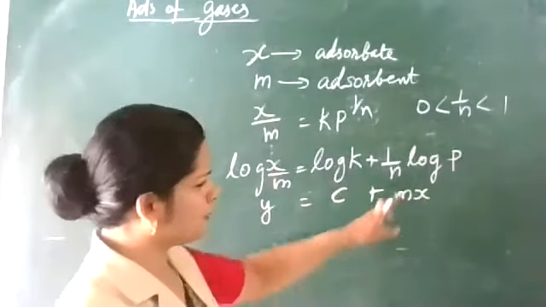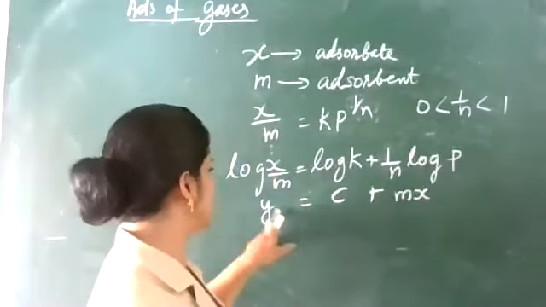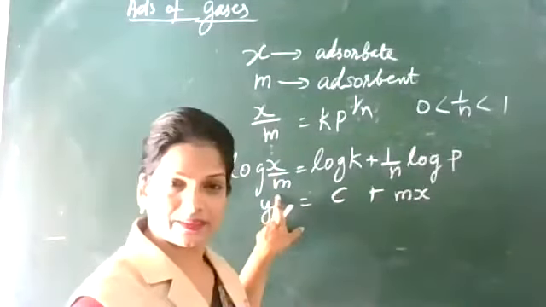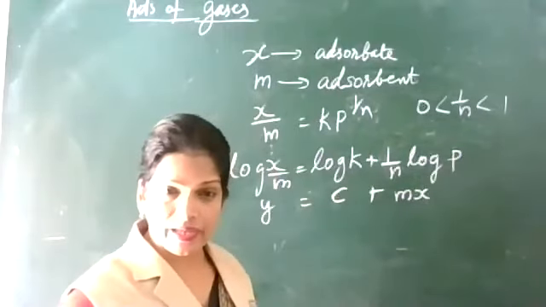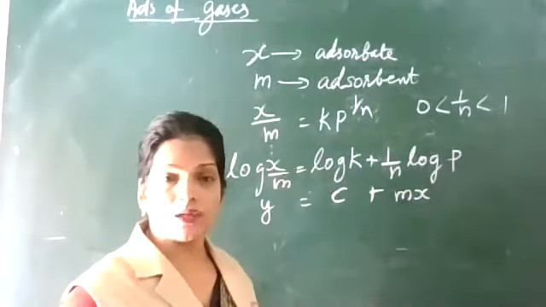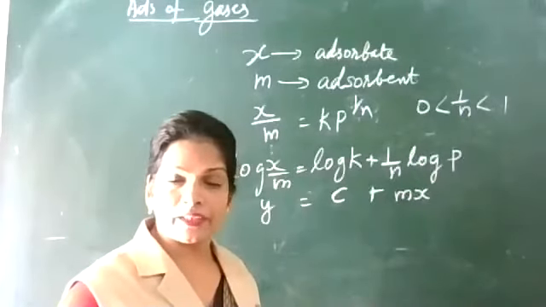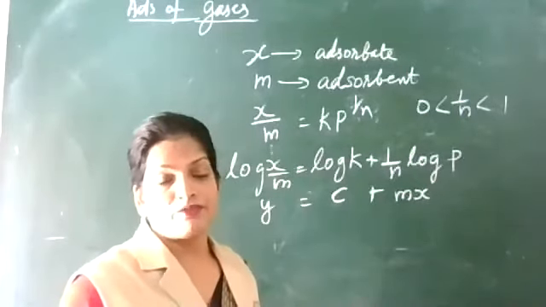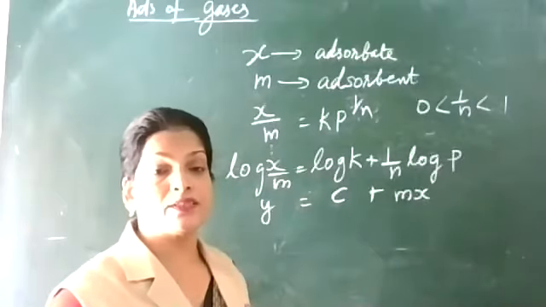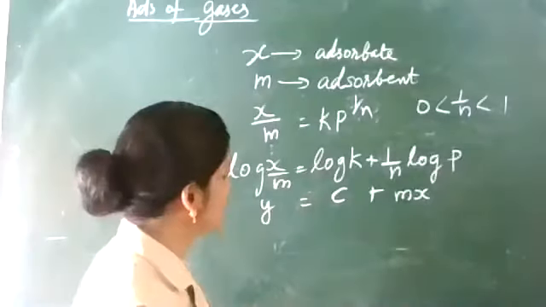If you plot log P on the x-axis and log x by m on the y-axis, you will get a straight line with a y-intercept log k. If you get a straight line, that shows the Freundlich adsorption isotherm is verified.